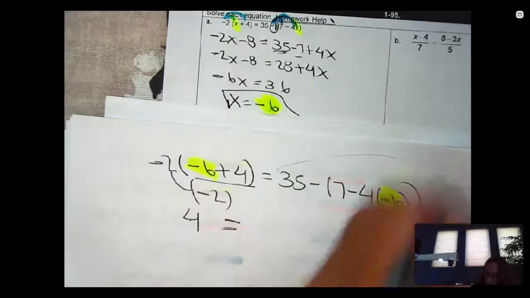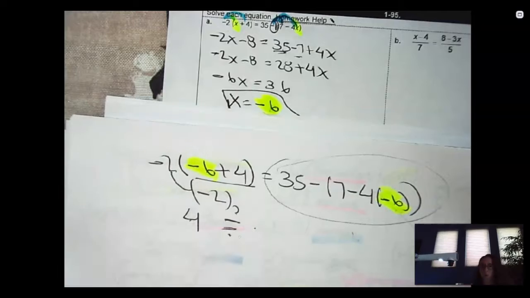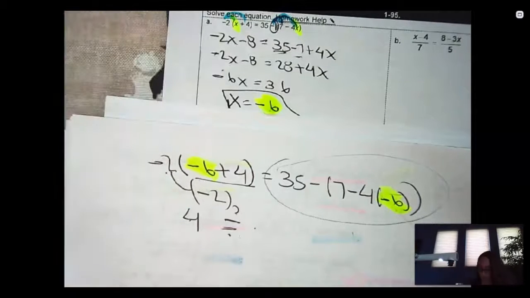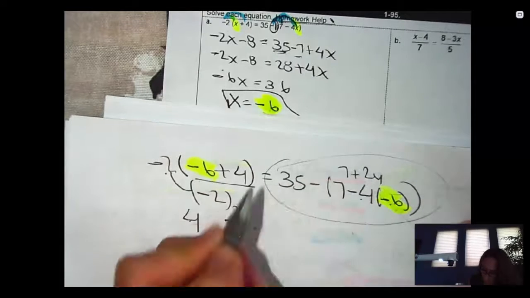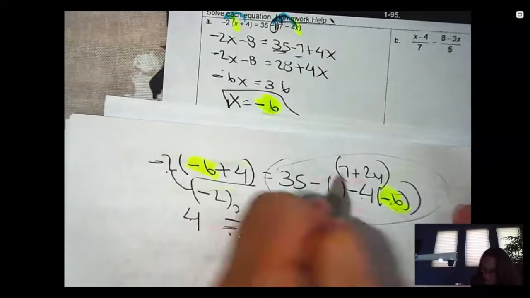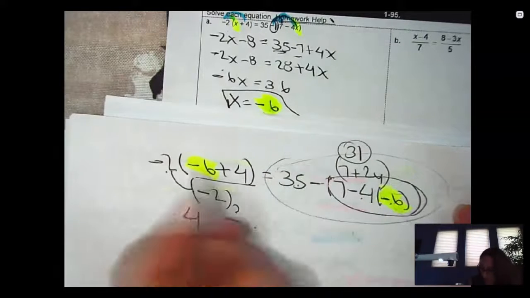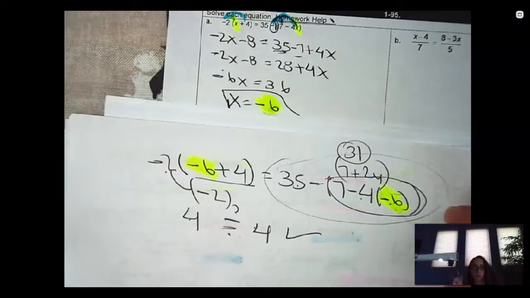That means when I simplify the right side, I better get 4. If I don't get 4, either I made a mistake plugging it in, or I made a mistake up here. So I know based on PEMDAS, negative and a negative is a positive, plus 7. All that's in parentheses is 31. So all of that gave me 31. 35 minus 31 is 4. So I know that I'm good to go.